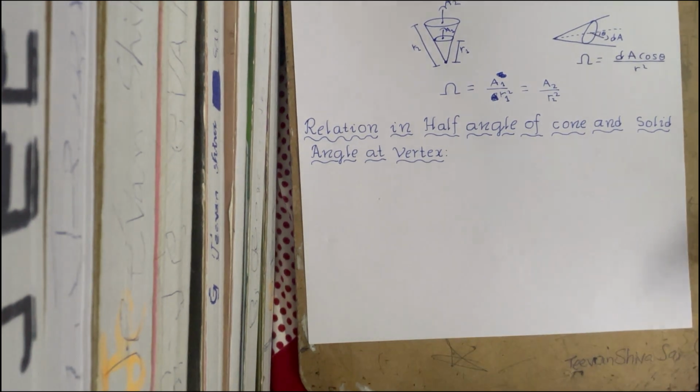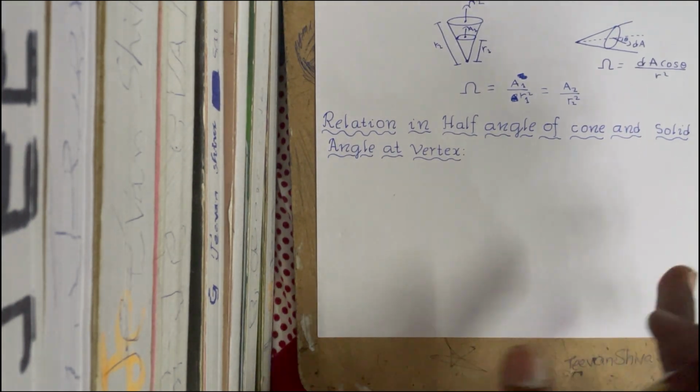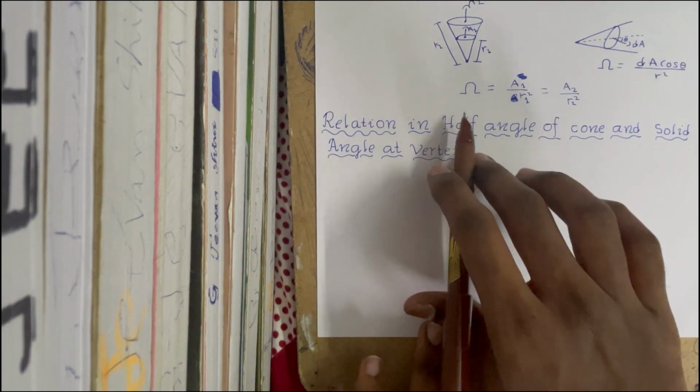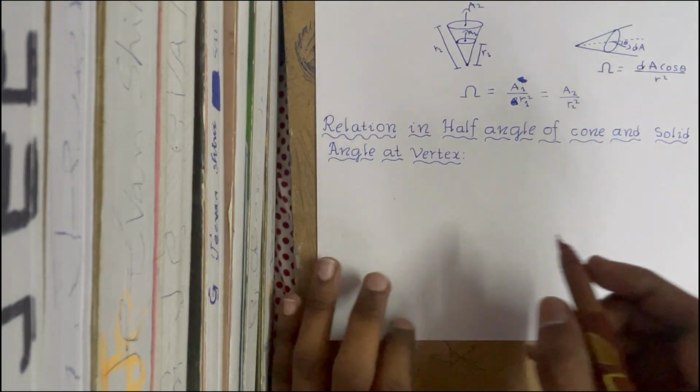So now the relation between the half angle of a cone and the solid angle at the vertex. We are finding the relation between the half angle of the cone and the solid angle of that cone.